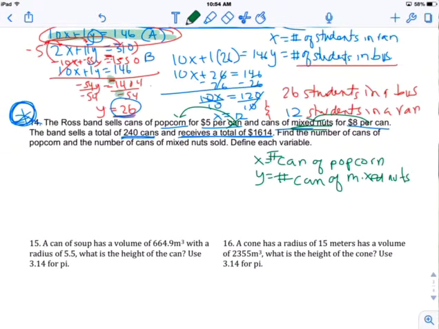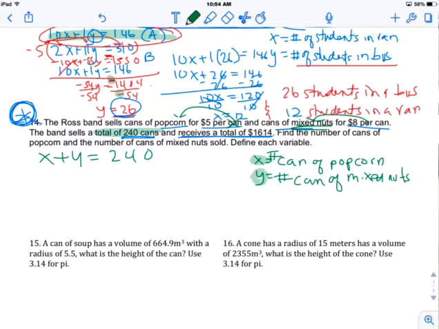How many cans do we have total? We have a total of this many cans. So you have cans of popcorn and cans of mixed nuts. It has to equal 240. So X plus Y equals 240 cans total. These two cans added together make 240. How much do they cost?